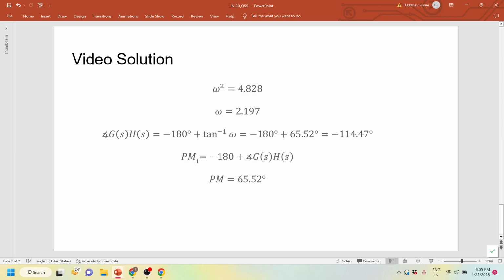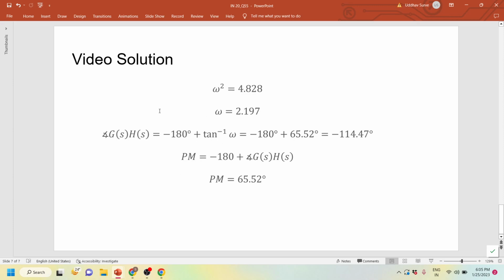Now phase margin is with respect to the minus 180 degree line. So looking at it directly, minus 180 plus this angle, the phase margin is 65.52 degrees. This is the answer to this question.